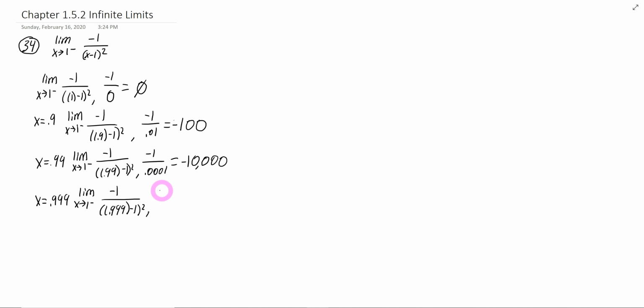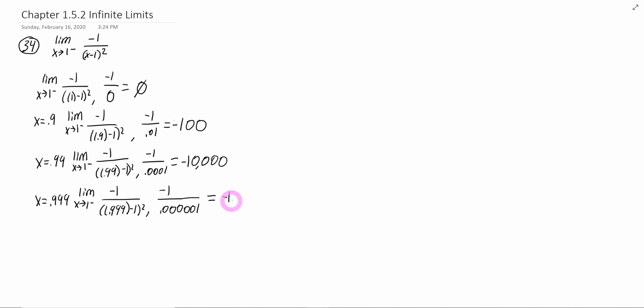This is going to give us a result of negative 1 over 0.000001. So we're going to have 5 zeros to the right of the decimal. And so what this ends up simplifying down to is a result of negative 1 million.